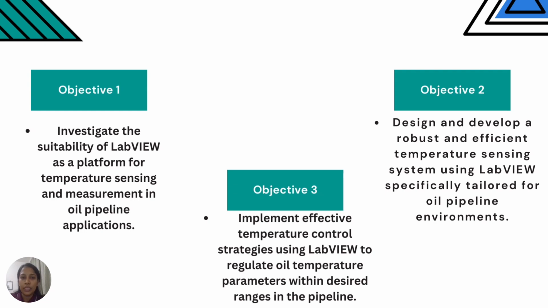The second objective is to design and develop a robust and efficient temperature sensing system using LabVIEW, specifically tailored for oil pipeline environments. The third objective is to implement effective temperature control strategies using LabVIEW to regulate all temperature parameters within the desired range in the pipeline.